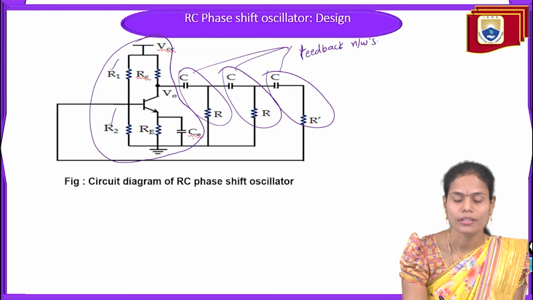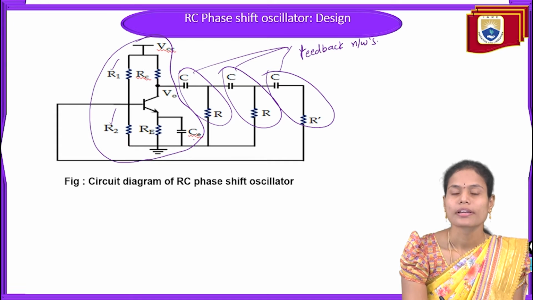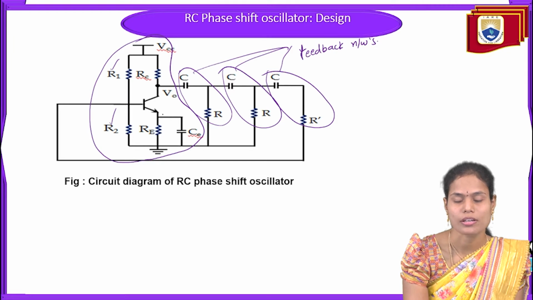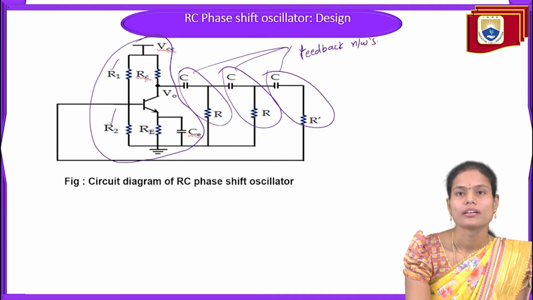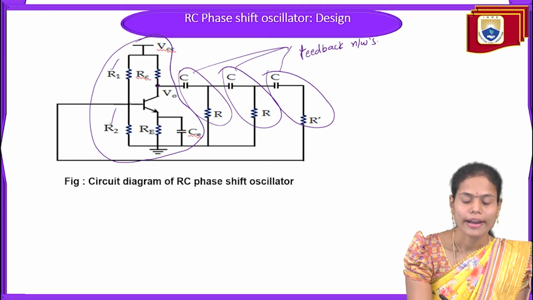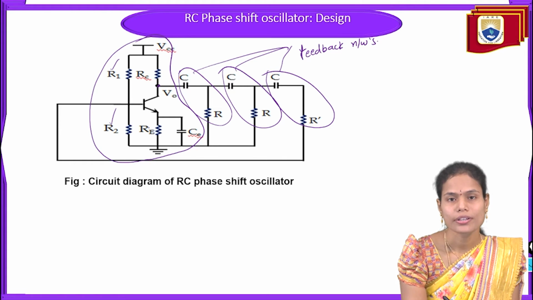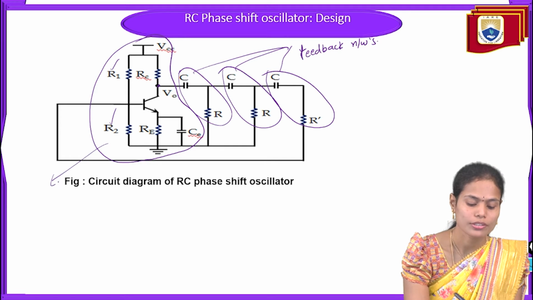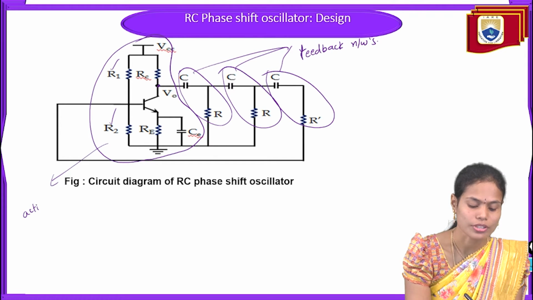And this common capacitor C is nothing but the emitter capacitor. It is used to bypass any noise elements which are present across the output of the amplifier. And across the collector of the amplifier, we will take the output voltage. And one more thing, in order to operate it as an amplifier, we have to operate this transistor in the active region.